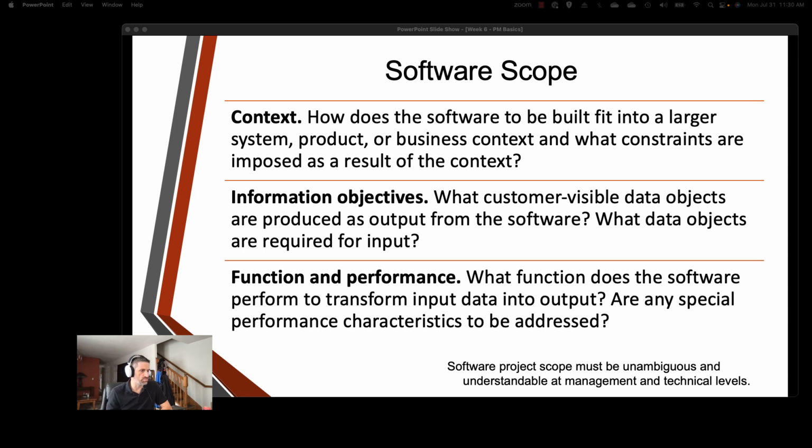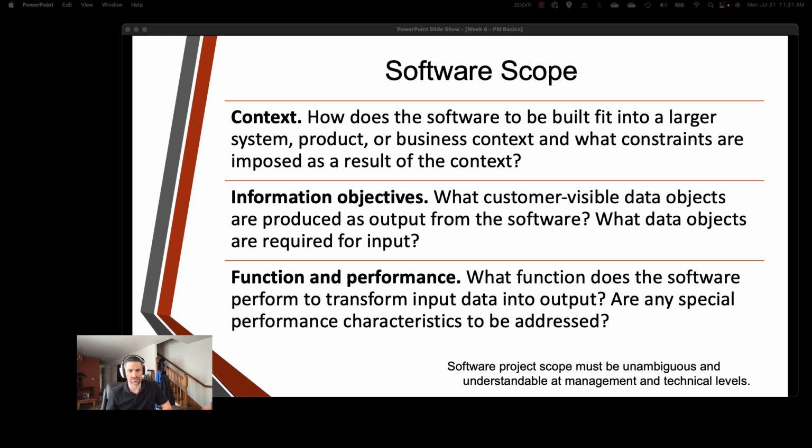So software scope. I've talked about scope before, but this is just a little bit more information. Context. So understanding the context of the software is crucial to understanding that it aligns with a larger system, product, or business objectives. So this involves identifying how software fits into the overall architecture, ecosystem, or workflow of the organization.